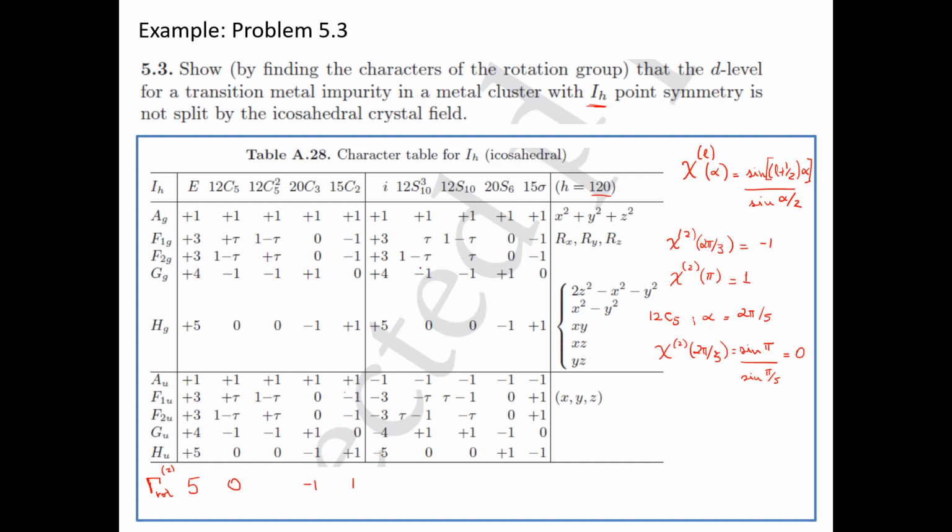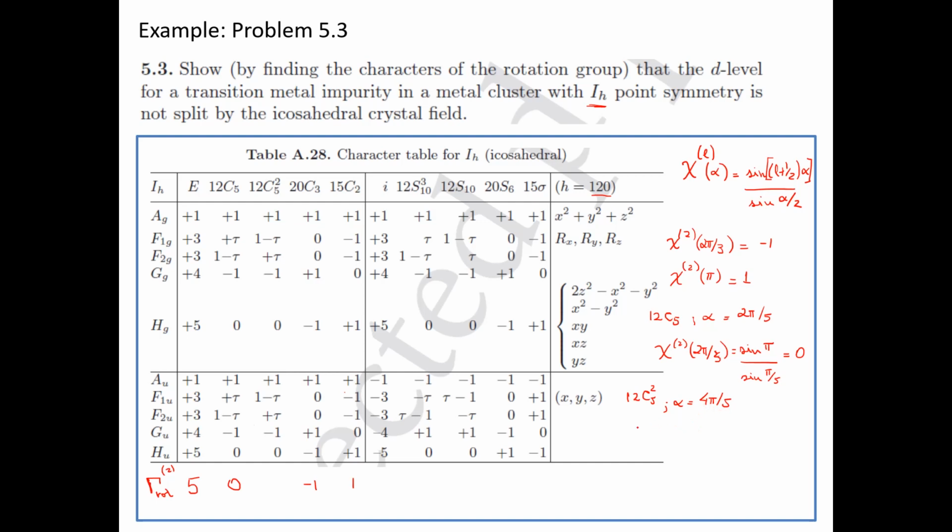Now I have C5 squared, so this other class 12 C5 squared, which is twice C5. So instead of rotating by 2 pi over 5, you rotate by alpha equals 4 pi over 5.